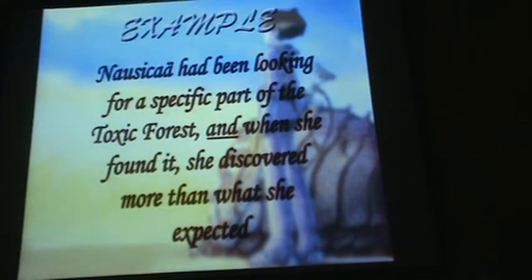Anybody who knows this anime knows that she visits the toxic forest and looks around, so we're affirming that she was in a part of the toxic forest, and when she found the specific part, she discovered more than what she expected. We don't know what that is. We're going to find out in the story, but it gives the potential reader some idea of what's going on and a little bit of mystery.